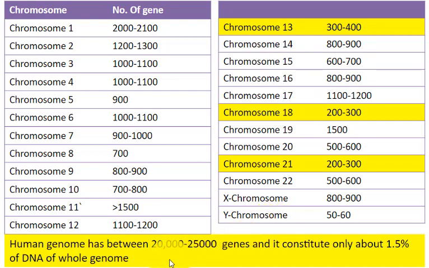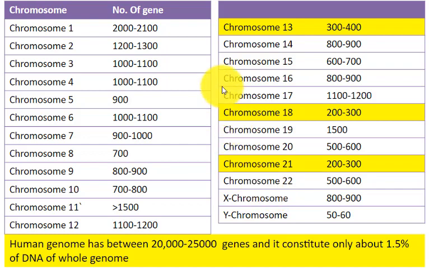As you know, the expected number of genes in the human genome is between 20,000 and 25,000. These genes are contained in about 1.5% of the whole genome, roughly 48 megabases. If you divide 20,000 to 25,000 by the haploid set of 23 chromosomes, you get about 1,000 genes per chromosome on average.